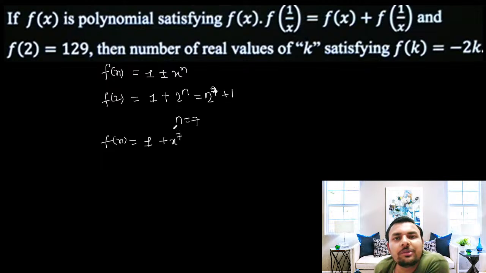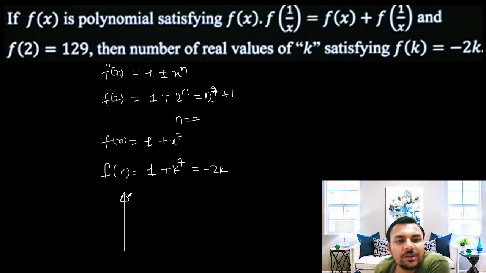Now, the number of real values of k satisfying f(k) equal to minus 2k. So f(k) is 1 plus k to the power 7, which should be equal to minus 2k. We need the number of values.